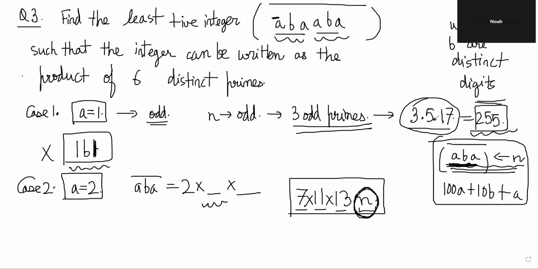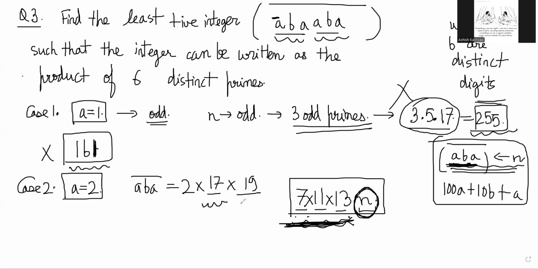No, no, I am making a mistake. You cannot put 7, 11, and 13. This was a different case. So 7, 11, 13 you can't put, and 5 you can't put because it may end with 0, right? So the next smallest prime numbers are 17 and then 19, right?